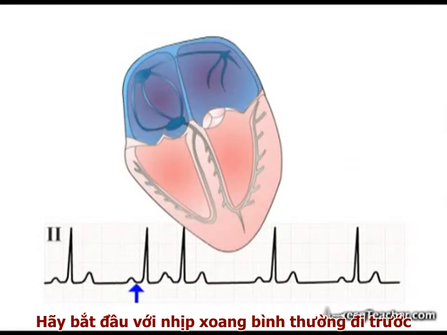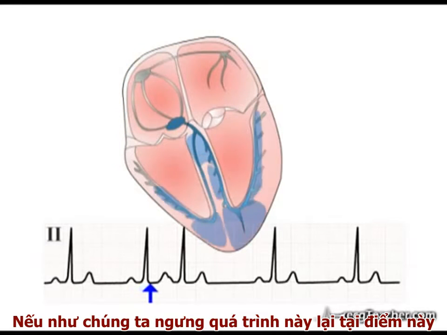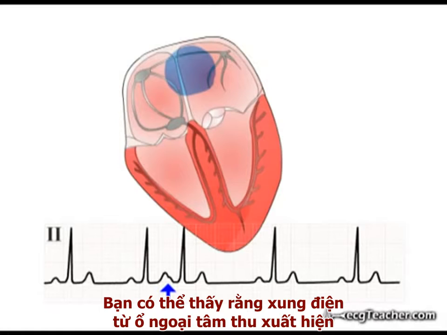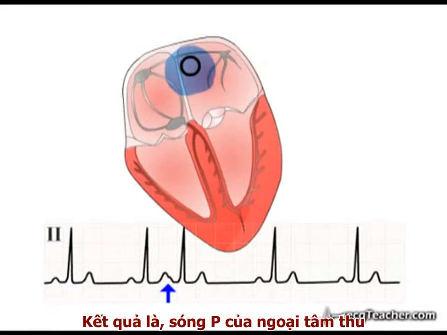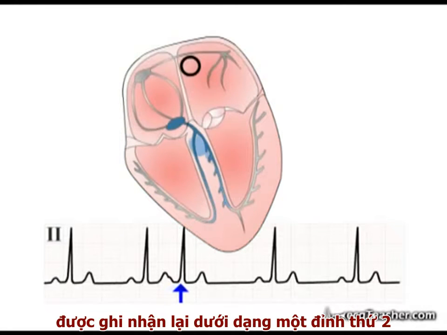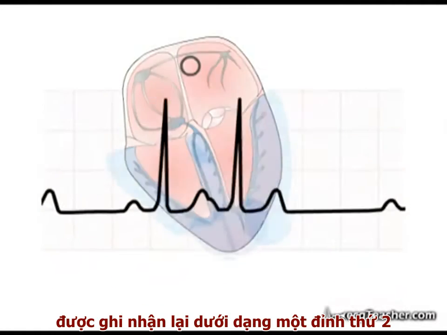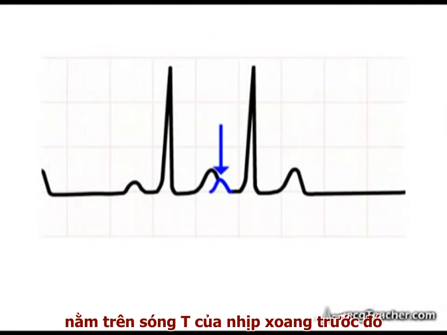Starting with the preceding normal sinus beat, if we freeze events at this point, you can see that discharge from the ectopic focus has occurred during the late phase of ventricular repolarization associated with the preceding sinus discharge. Consequently, the ectopic P-wave has been recorded as a small second peak on the preceding T-wave.